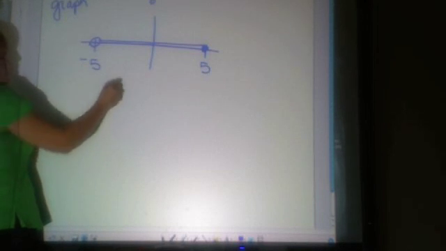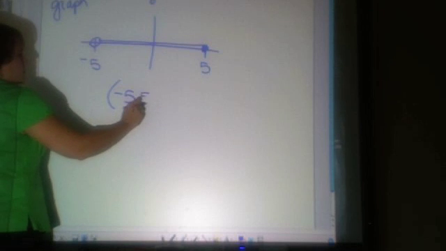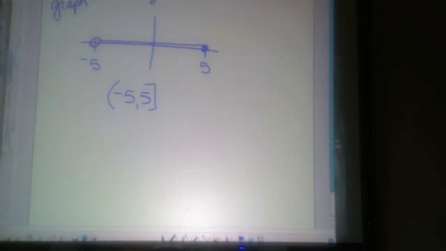Interval notation. Elizabeth? Oh, you ready? Okay. Go. Excellent. Open parenthesis, -5, because it's not equal to -5. 5, bracket, because it does equal 5.